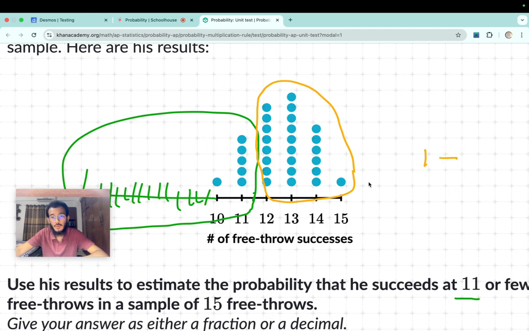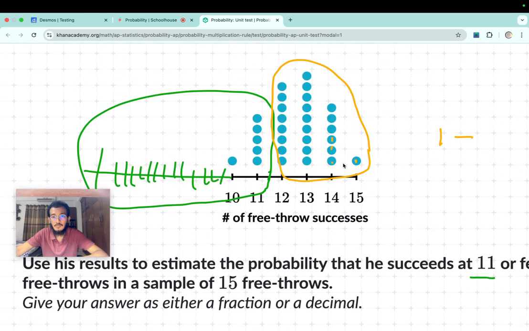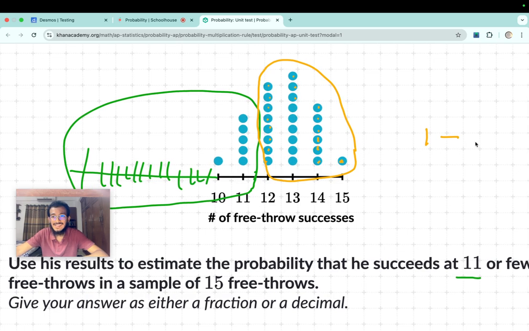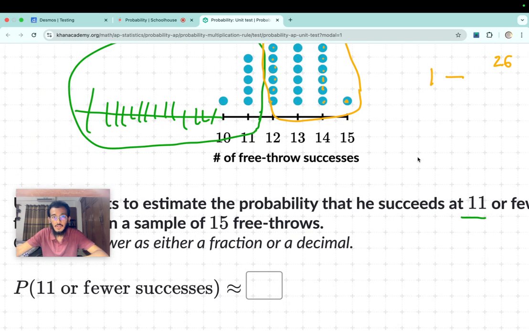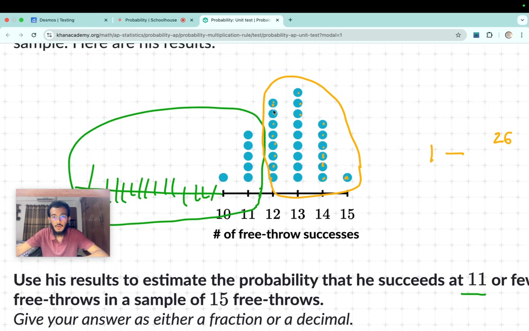So 1 minus, how many do you have? 1, 2, 3, 4, 5, 6, 7. Okay, so 7, then we have 14, 15, 16, 17, 18, 19, 20, 21, 22, 23, 24, 25, 26. Okay, 26. So 1, 2, 3, 4, 5, 6, 7, 8.